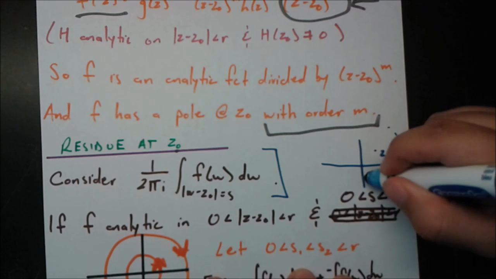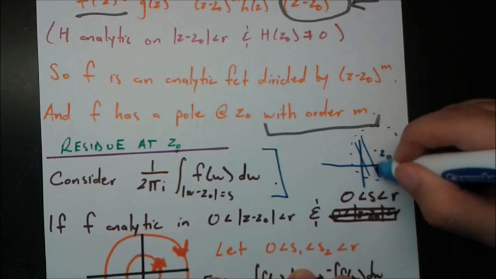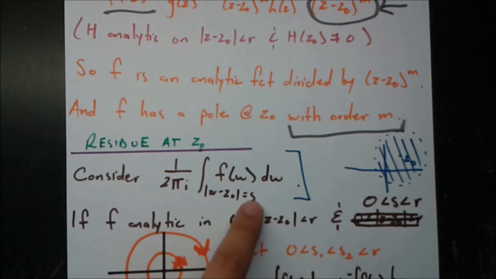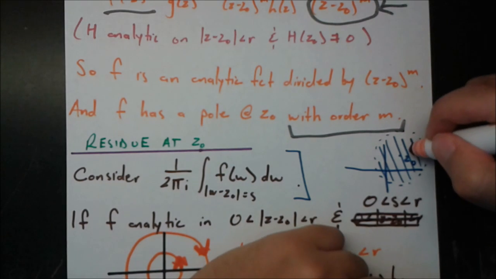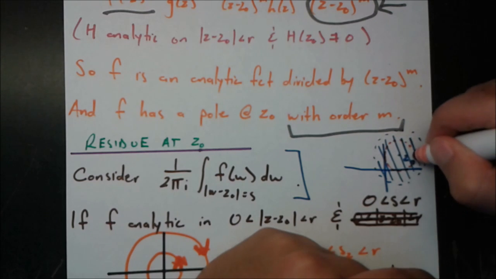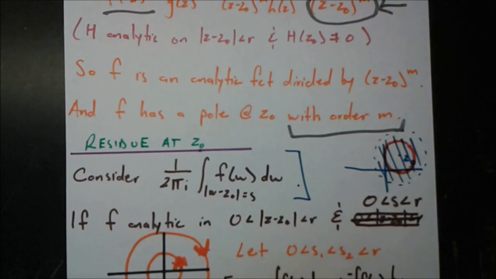So here's a punctured disk. This whole blue disk right here will be a punctured disk. We're going to say that this integral is taken over s, and s is a circle whose radius is smaller than this radius. So it's still centered at z naught, but with smaller radius. It's going to be this circle right here, for example.